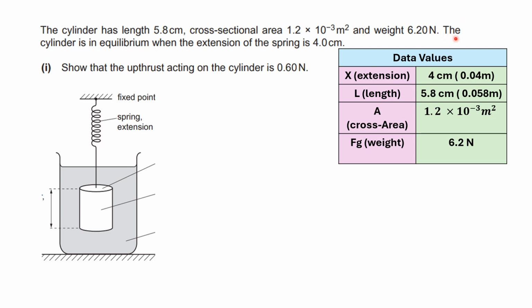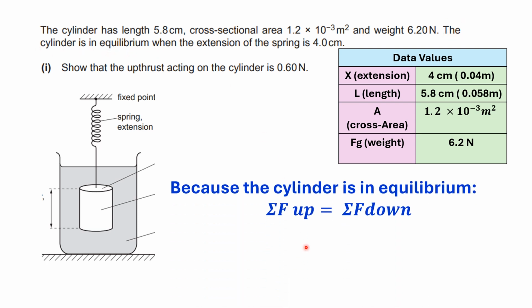Because the question states the cylinder is in equilibrium, the sum of forces up is equal to the sum of forces down. We have the weight as a force down. Forces up, we have the force of the spring and the upthrust force, because the cylinder is submerged in a liquid.